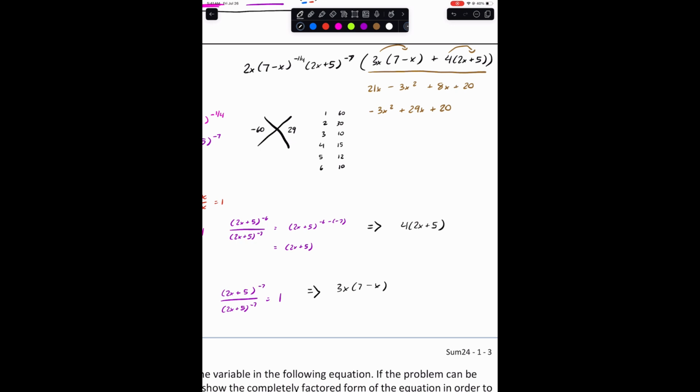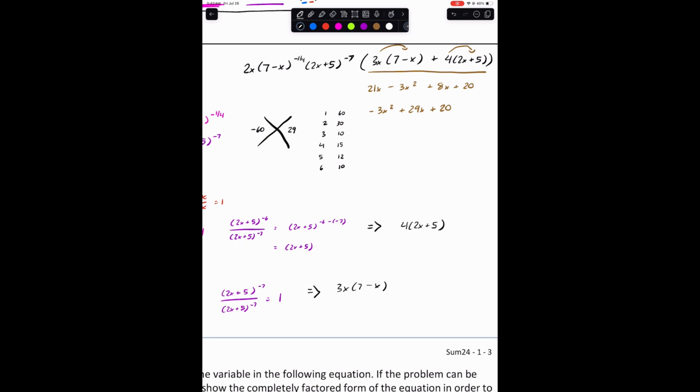I believe this is a prime polynomial. I cannot figure out how to get 29. That gives me 28, which is close but not quite there. So I cannot factor this.